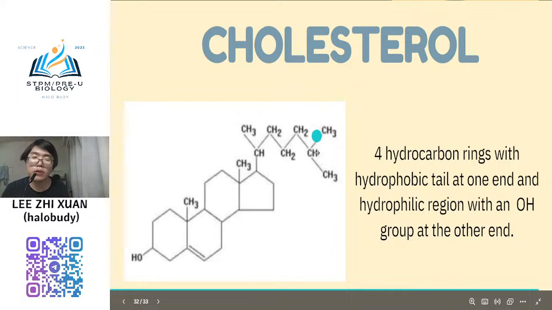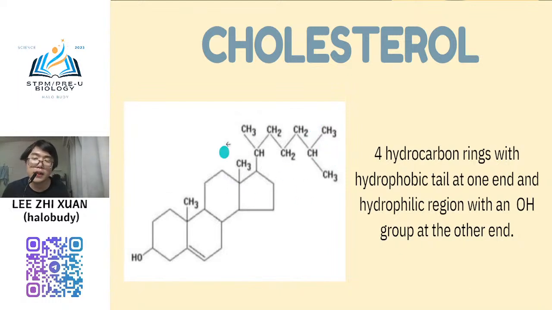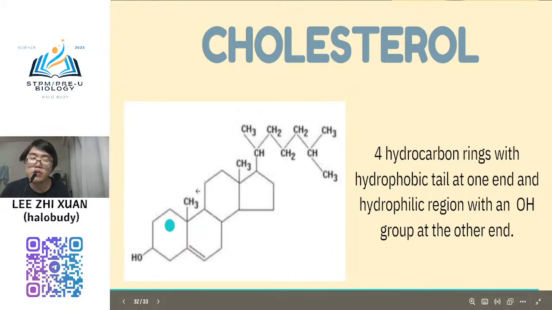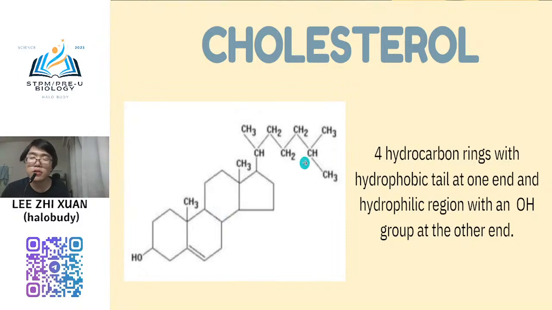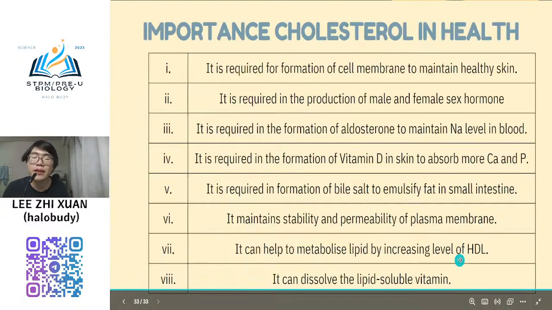You need to know which one is the hydrophilic region and which one is the hydrophobic region. You need to label too, to get marks. If you do not label and just draw, you get no marks, or maybe only 1 mark. You cannot get full marks.